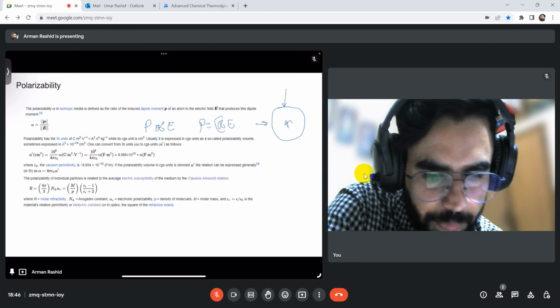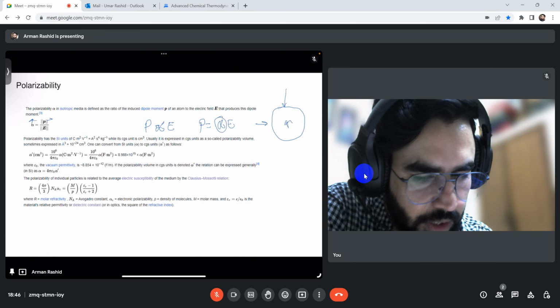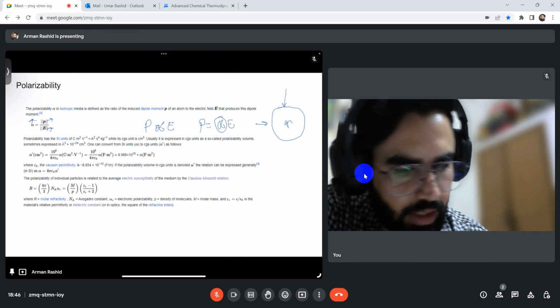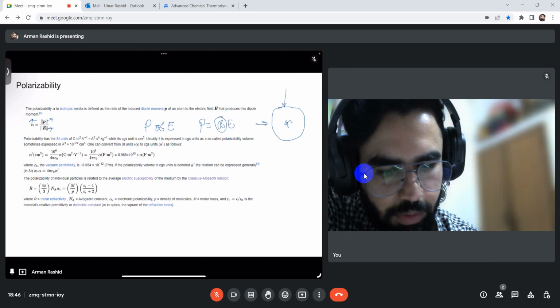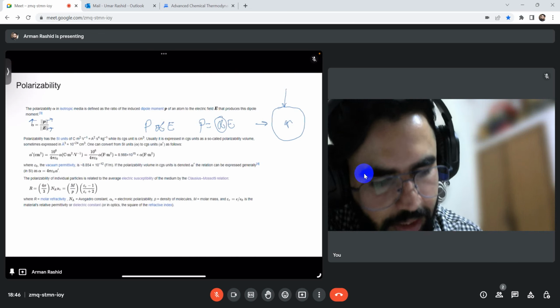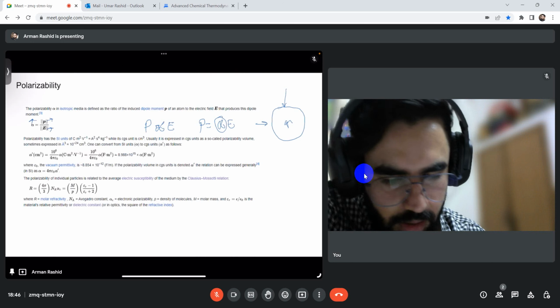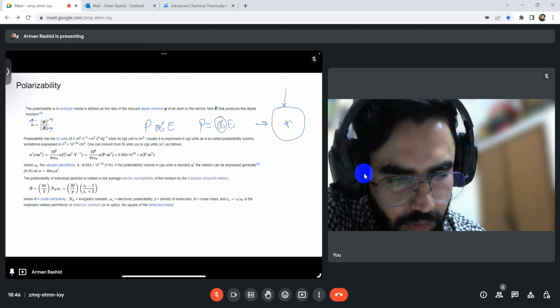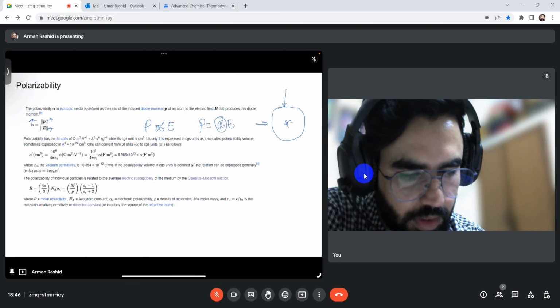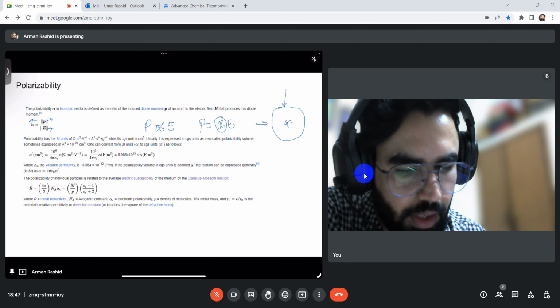P is the induced dipole moment, and E is the electrical field that produces the dipole moment. This polarizability has an SI unit of coulomb per meter square per volume. Or we can use different CGS units.